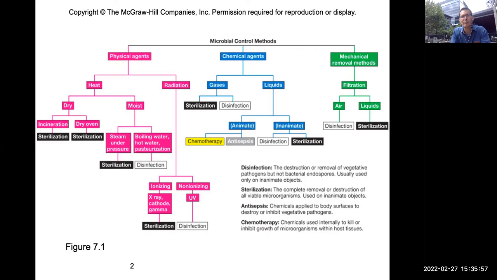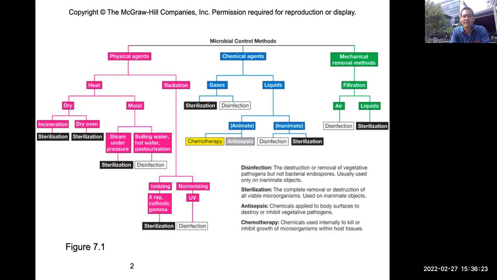And then you've got mechanical removal, such as through filtration. In the case of air, with disinfection, you have HEPA filters or those air filtration mechanisms. And then with liquids, you've got liquid filters with different pore sizes, and you can have pore sizes that are extremely small, which can have a sterilizing effect.